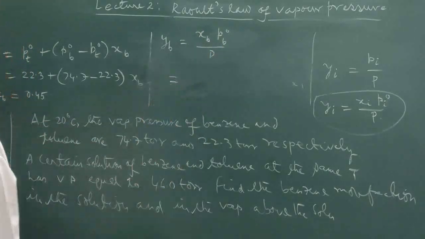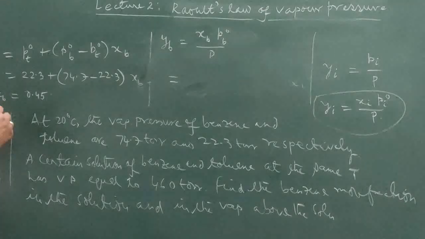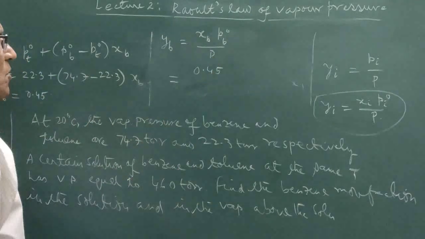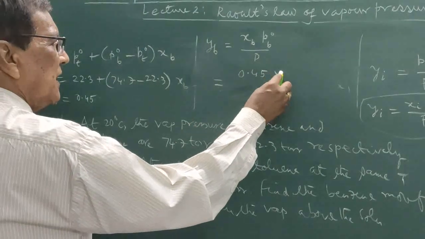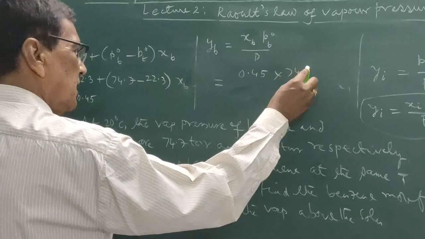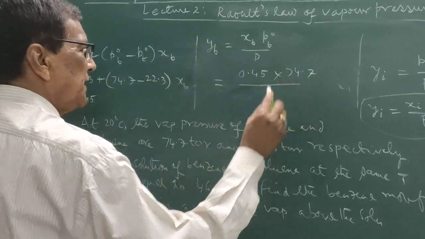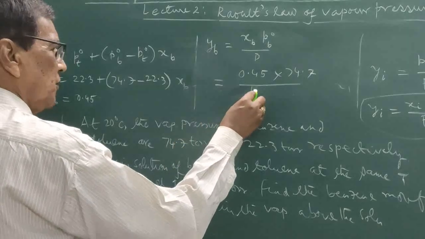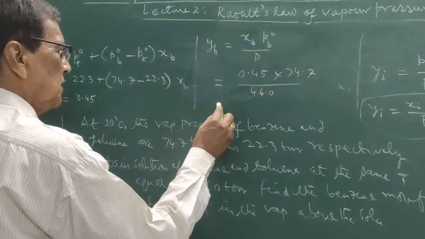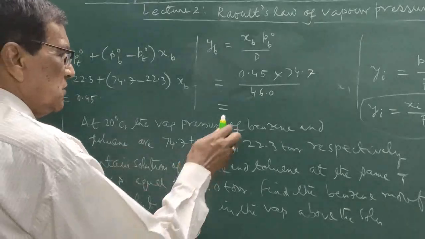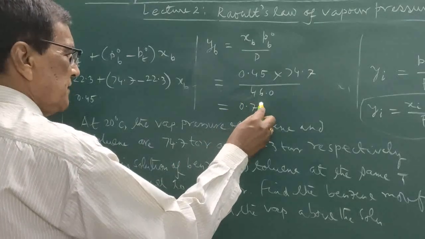And this is equal to XB, which we have obtained as 0.45, into 74.7 torr, divided by P, which is 46.0 torr, and this gives you the value 0.73.